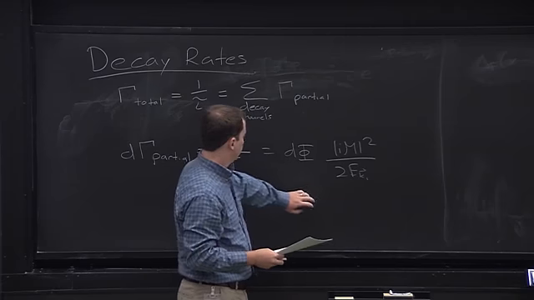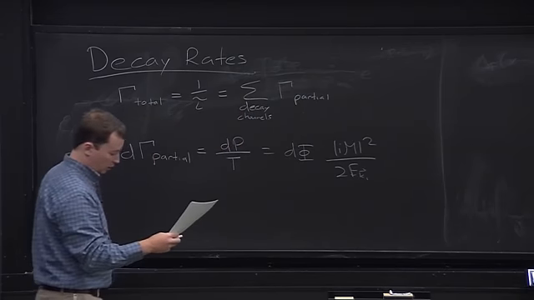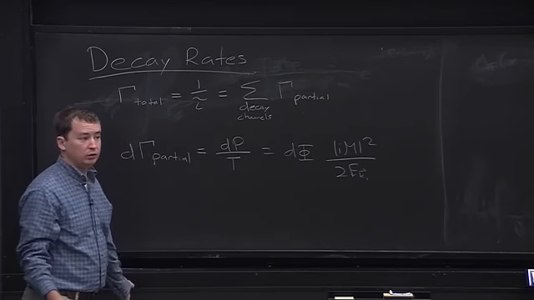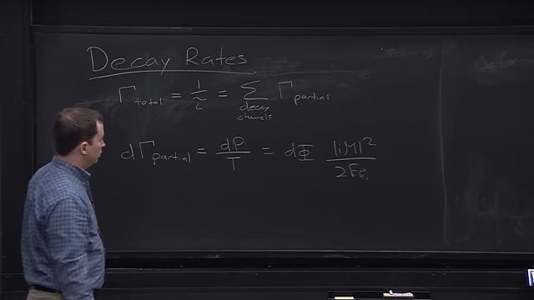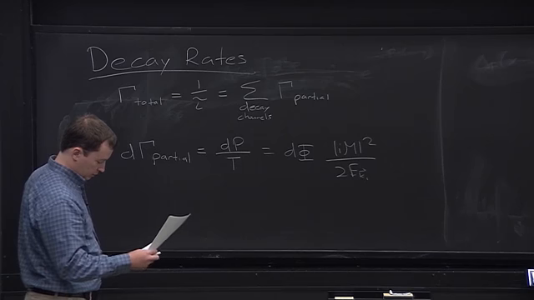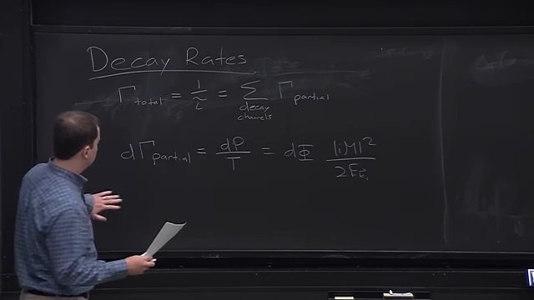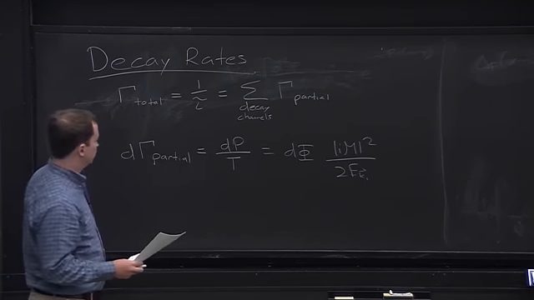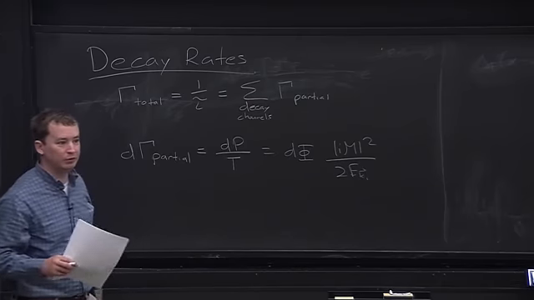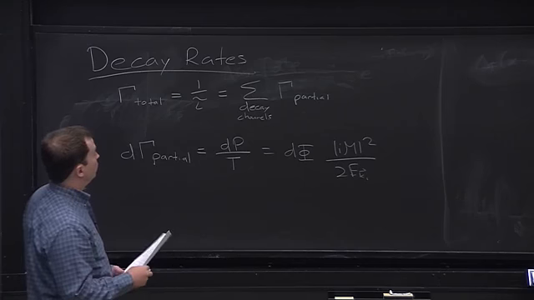But otherwise, everything is exactly like before. So that's decay rates in one line, given what we've already learned about cross-sections.